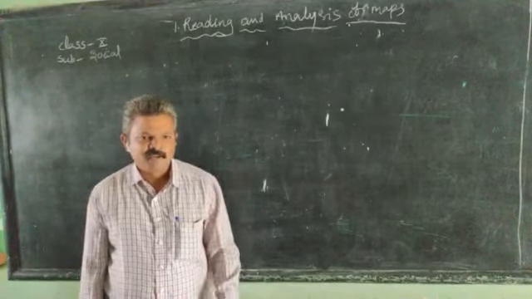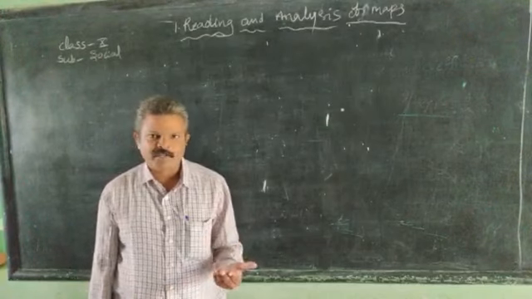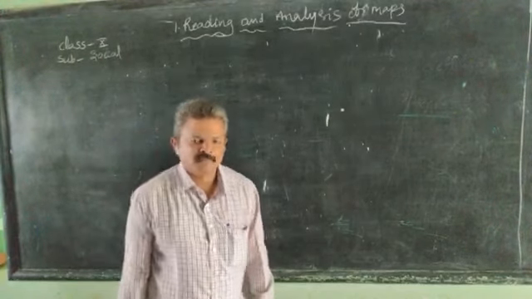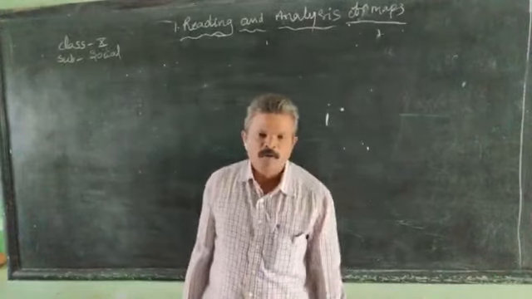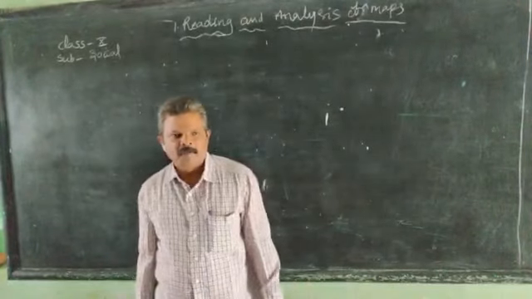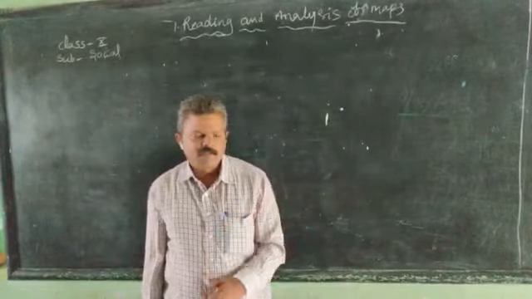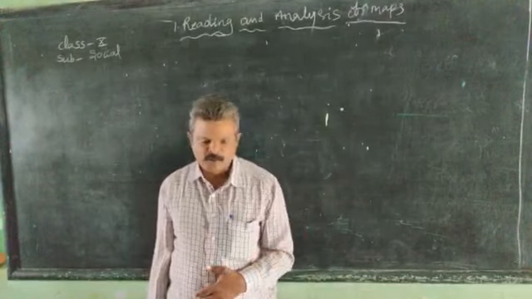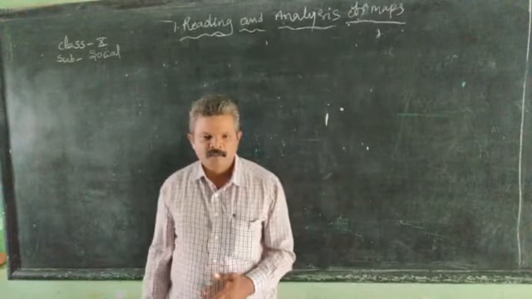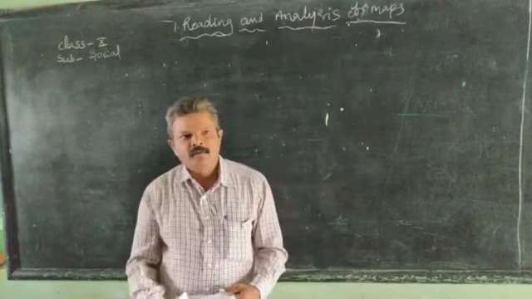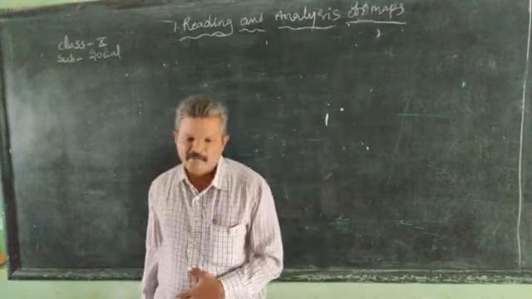Examples of that are making a sketch of a classroom or a school, or a route map. In seventh class we read about different kinds of maps.